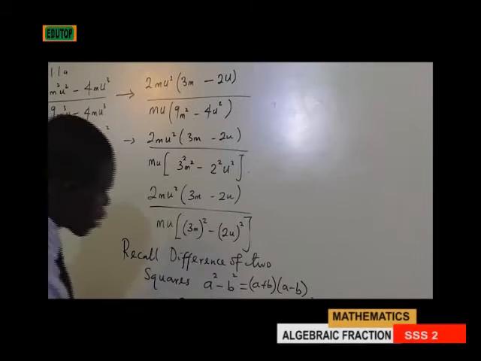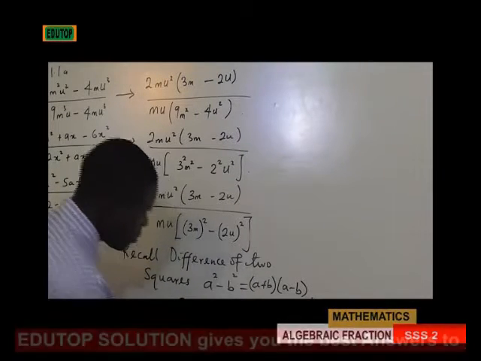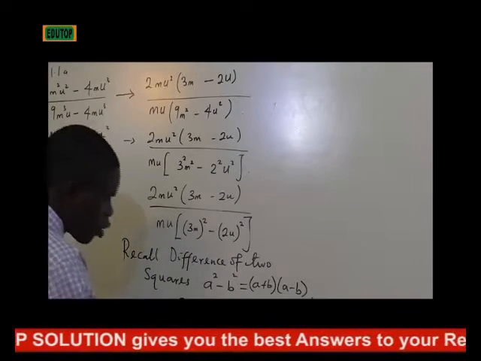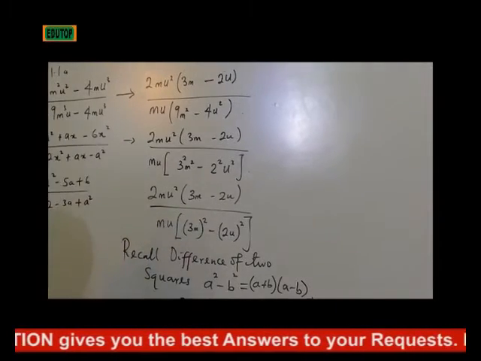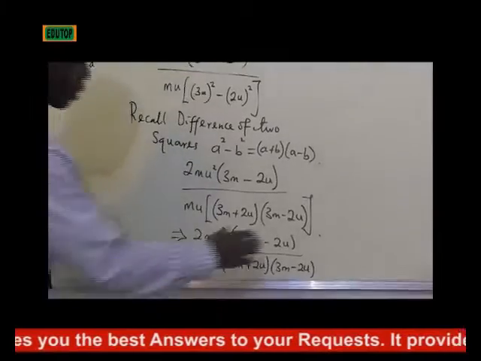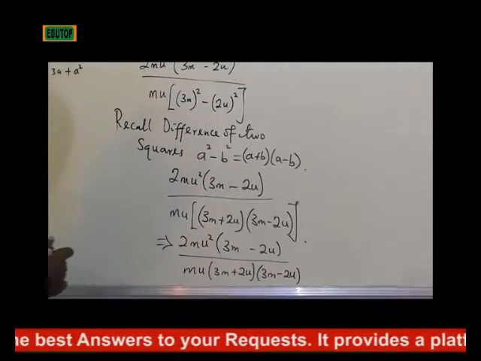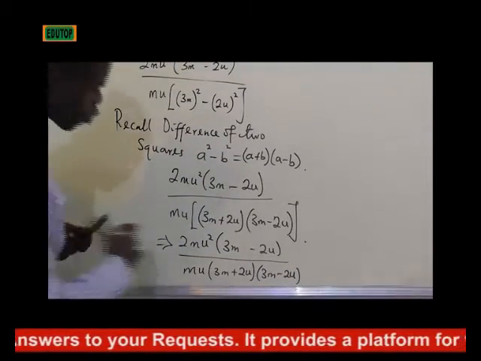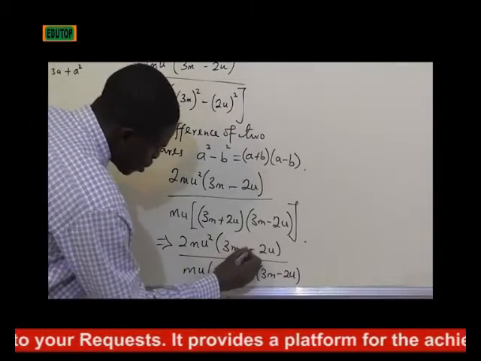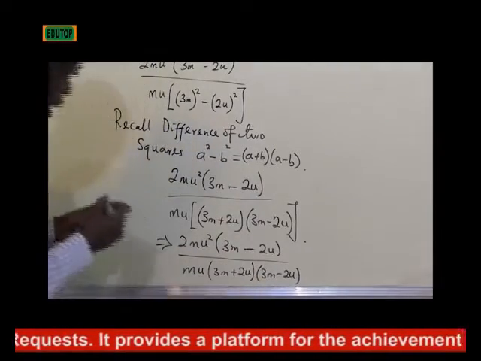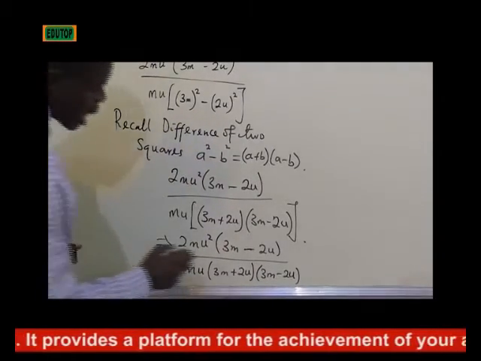And if you look at what you have here and the denominator, this resembles one of the denominator factors. And in mathematics it's allowed that when the numerator and denominator are the same, they can cancel out.